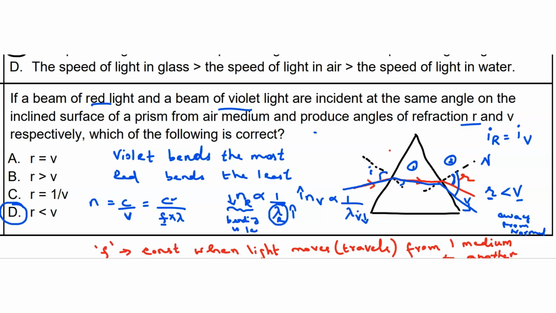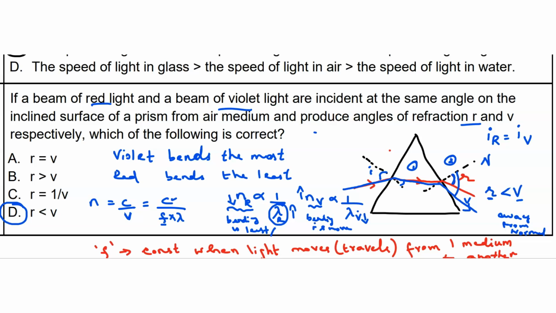Bending is least here. But here it undergoes refraction from denser to rarer medium. So bending will be larger in the second medium. So here also we can say, since the wavelength and the refractive index are inversely related, the refractive index of the violet color is higher. So if its refractive index is higher, it means bending will be more.